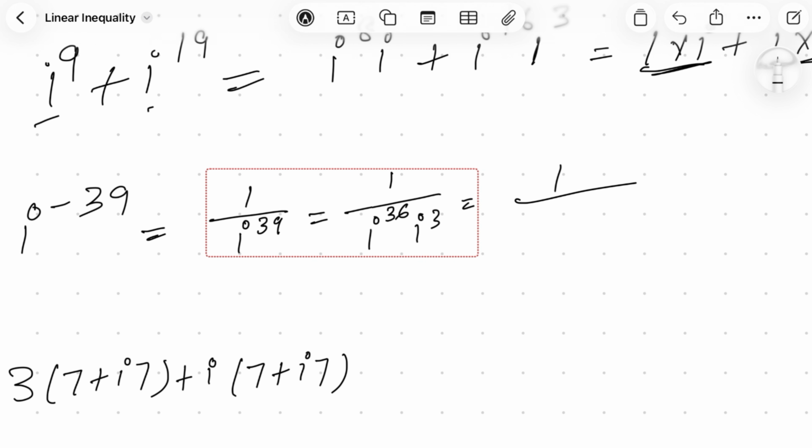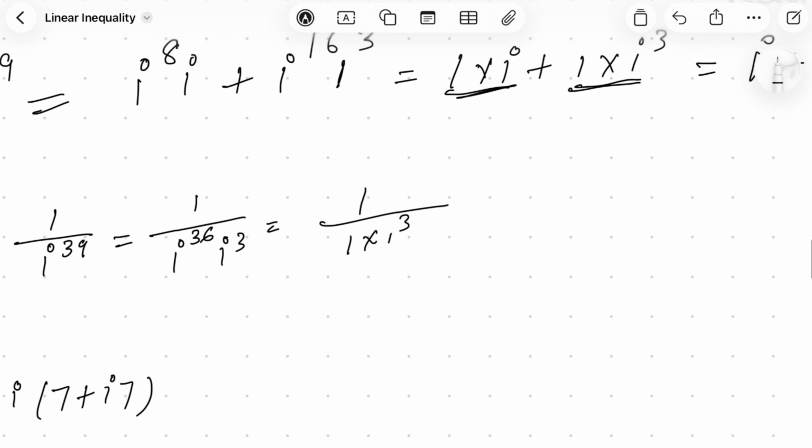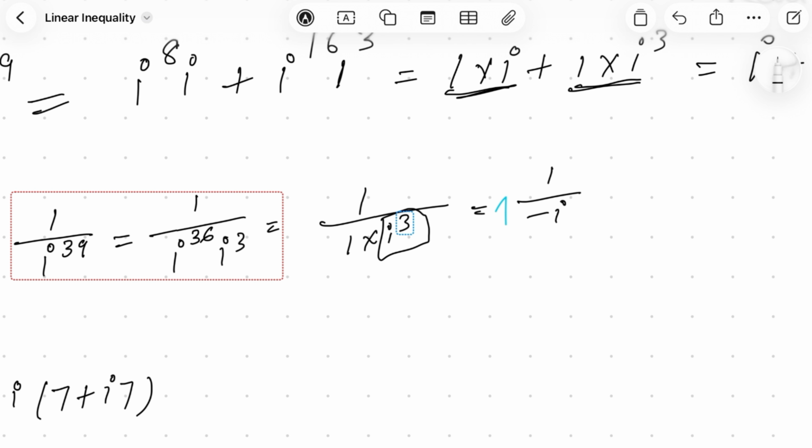So it will be 1 by 1 into i to power 3, and it will be 1 by minus i, because i to power 3 is minus i.